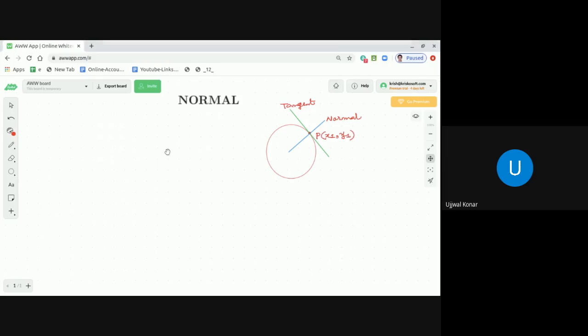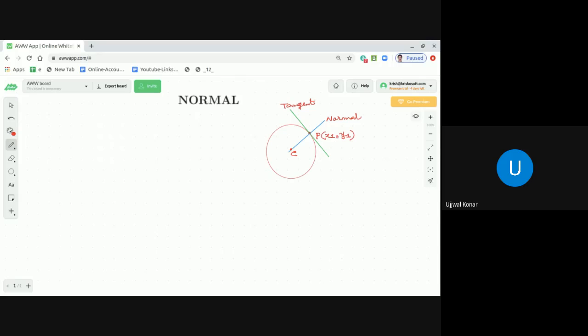So if we take the center of the circle at this point, and define the center as the point C, then CP is perpendicular to the tangent. Then obviously the normal, which is perpendicular to the tangent, must pass through the point C, which is the center of the circle.